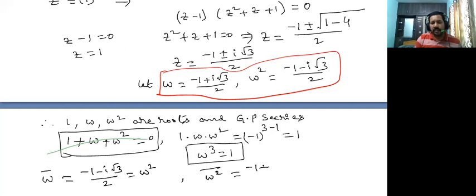Minus 1 plus i root 3 by 2. So this is omega. So finally omega conjugate means omega square, and omega square conjugate is omega. Finally we will say that omega and omega square are conjugate to each other. Remember it.